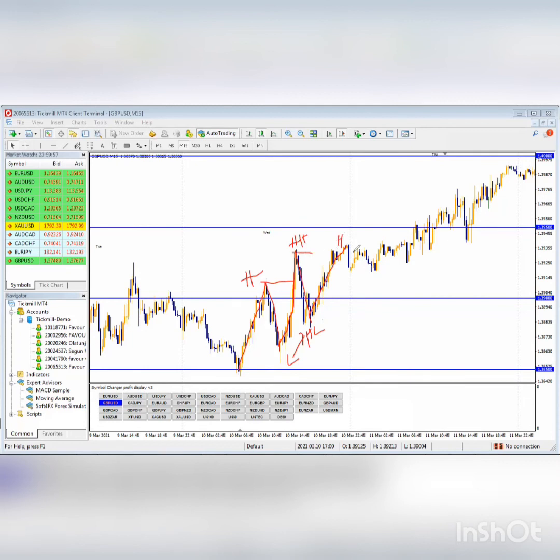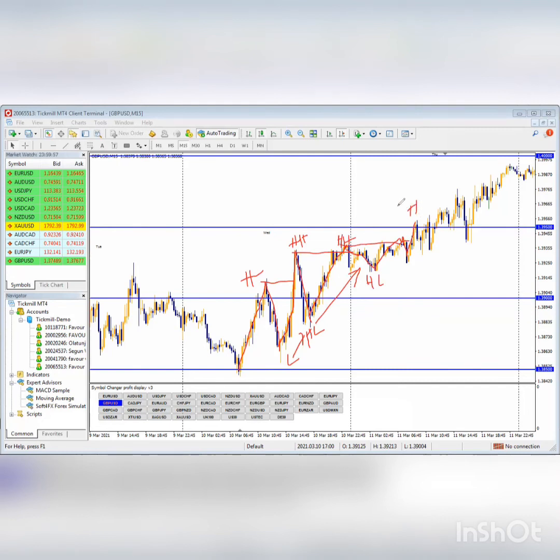Higher than this high. Higher high. Then it came down and gave us a what? A low. And this low is higher than the previous low. So we have a what? A higher low. Then it came up again, consolidated, gave us a high, higher than the previous high.